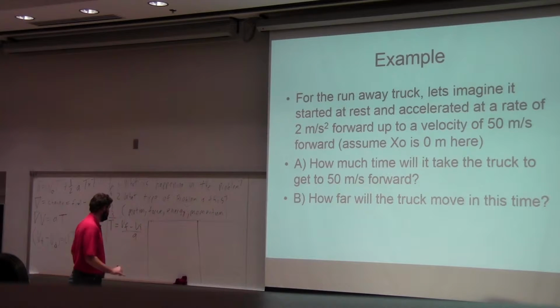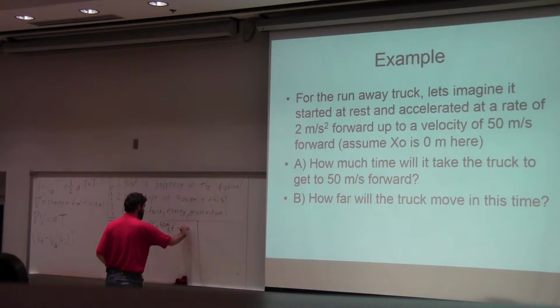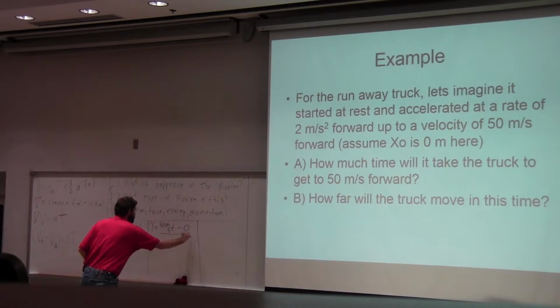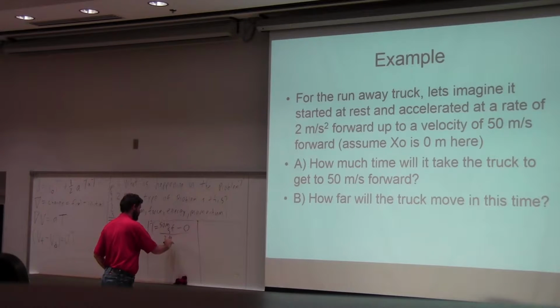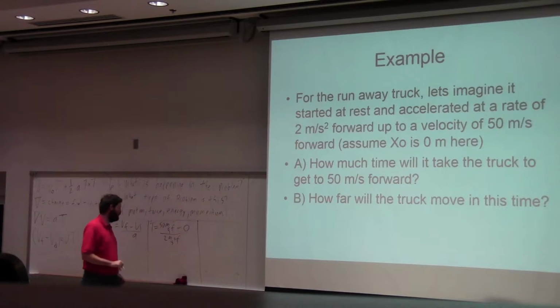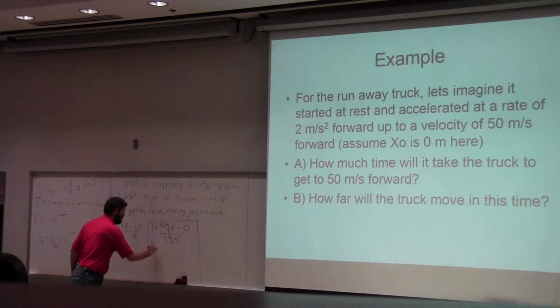For this problem, my final velocity was 50. My initial velocity was 0. And my acceleration is 2 meters per second squared forward. All right. So 50 divided by 0 is 50, divided by 2 is 25 seconds.